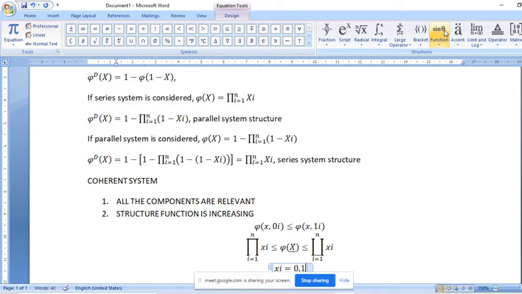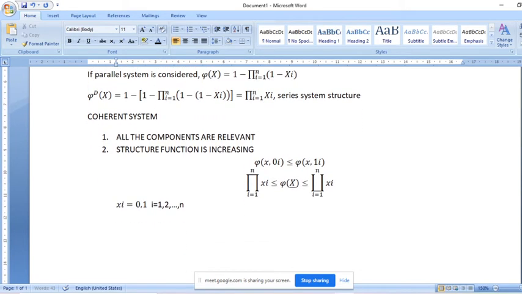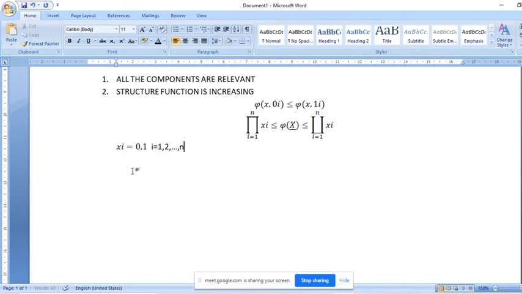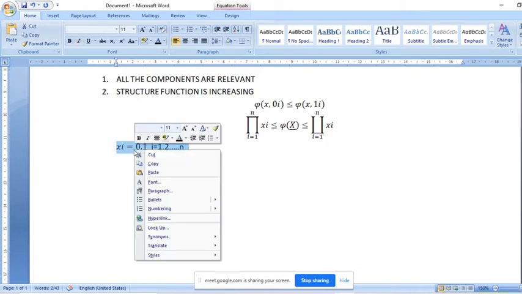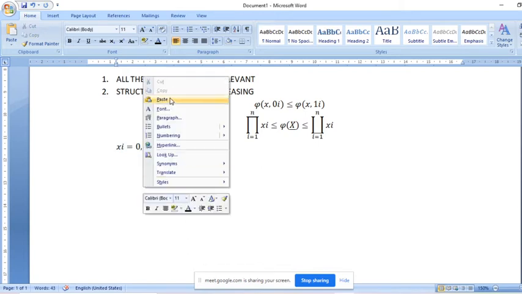There are two possibilities for xi, either 0 or 1. What are the values of i? 1, 2, etc. That is the component number. So the component states are 0 or 1. Suppose, understand, we are assuming that all xi's are 0.